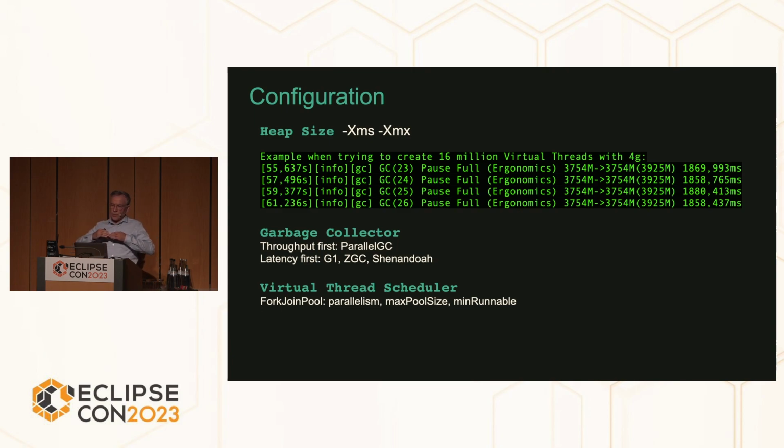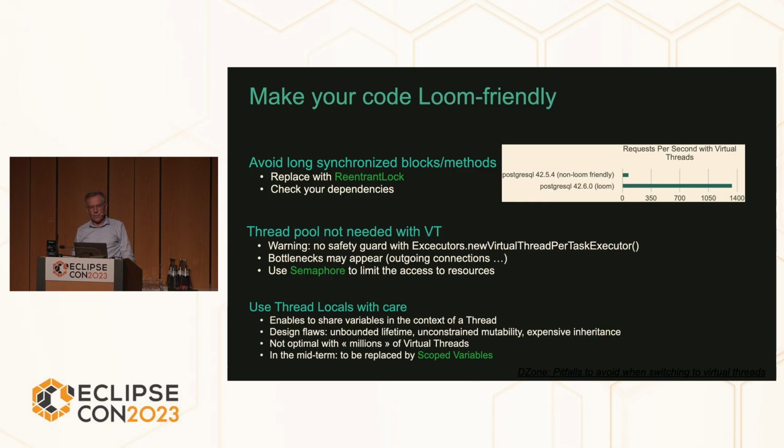This number can be temporarily increased in certain situations decided by the JVM. So max pool size enables you to increase this pool temporarily. The default value is 256. Clearly, except if you are in a very specific situation, I do not recommend configuring that.